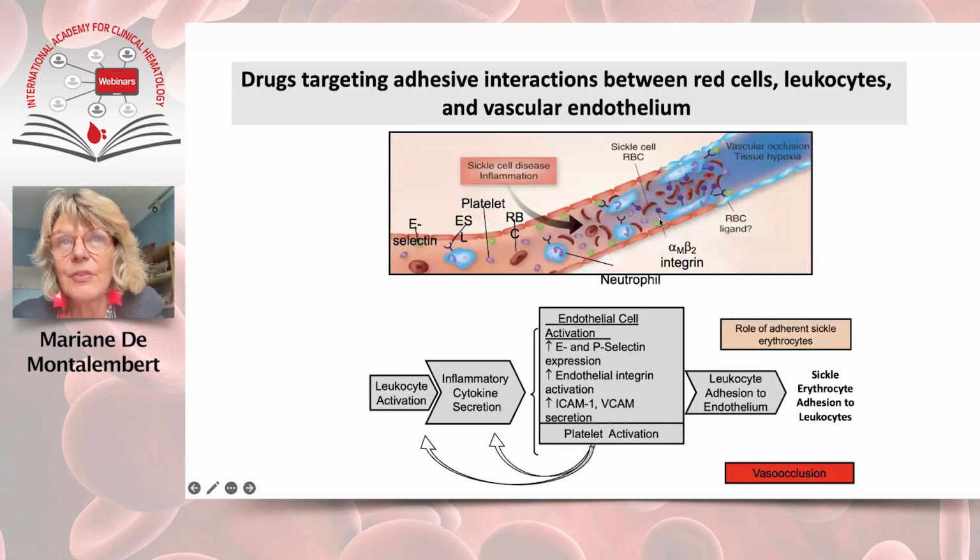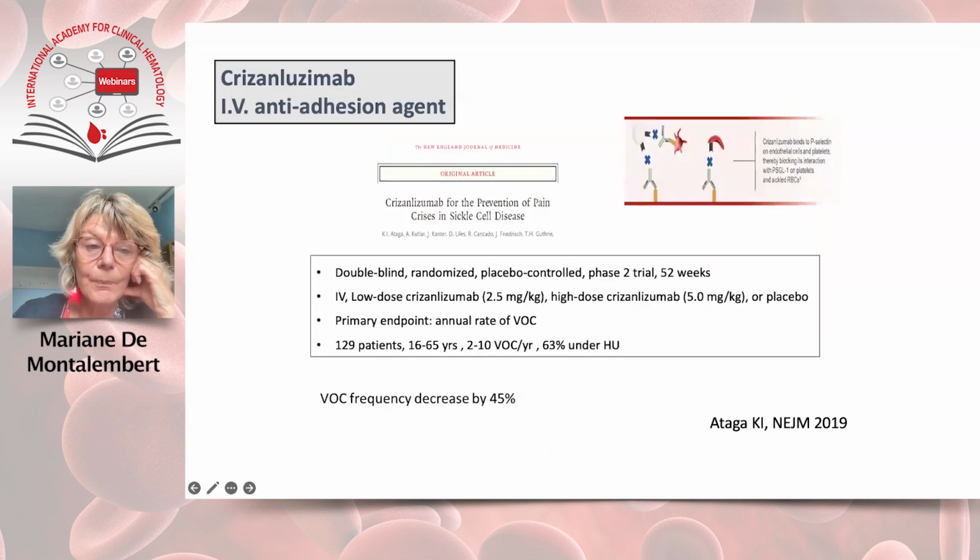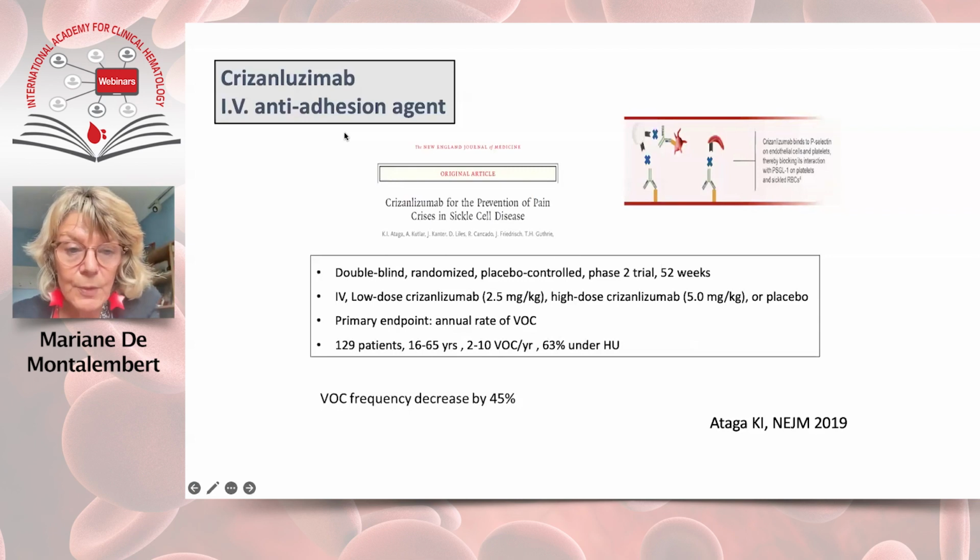But then we have seen that sickle cell disease was not only related to red cells, but also to white cells. And there are drugs targeting the specific P-selectin and its ligand relationship. And the most important drug is called crizanlizumab. Crizanlizumab is an anti-P-selectin.